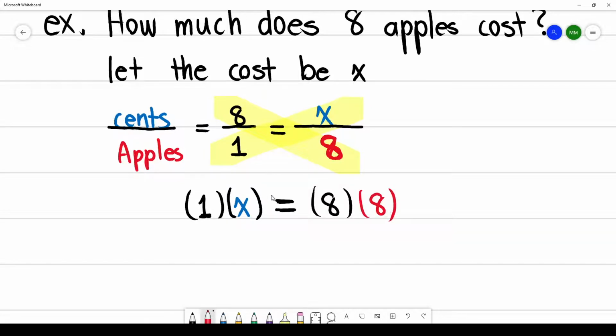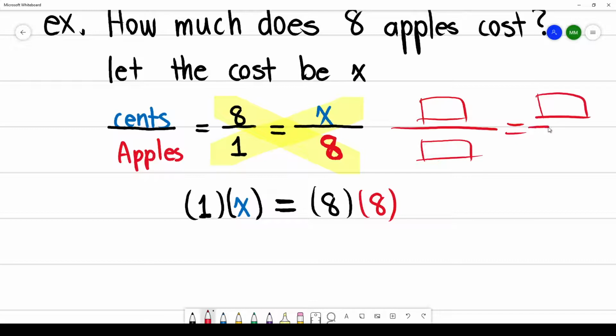Now there was a question on the assessment like this, where there was something over something and you had to solve it. I forgot the exact question, but some of you didn't get it because you probably haven't learned how to solve it. Now I'm telling you, this is how you do it. You cross multiply. The top on one side multiplied by the bottom on the other side, and then the bottom of one side multiplied by the top of the other side.